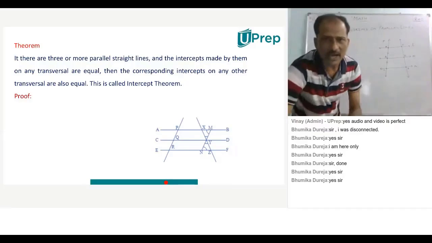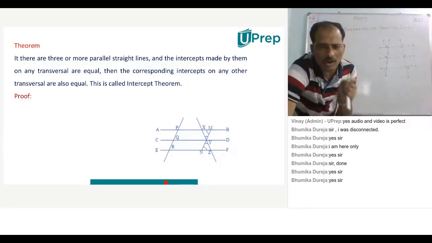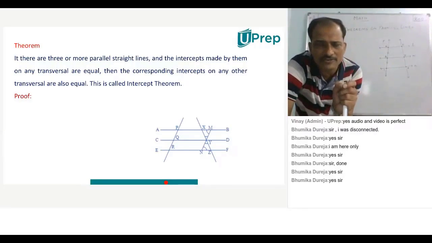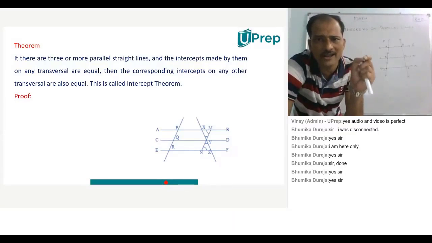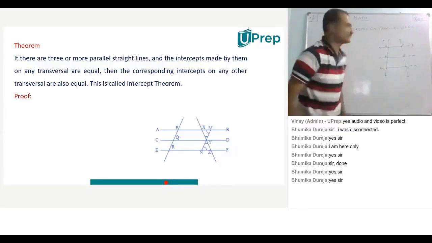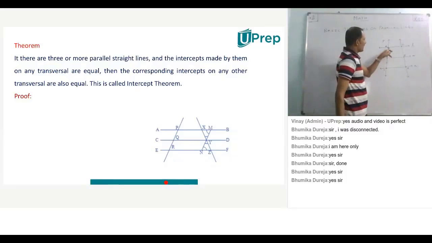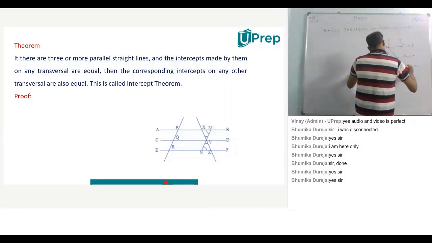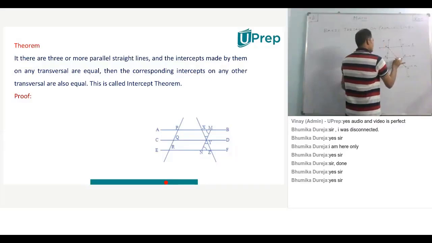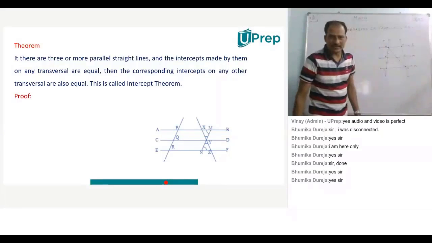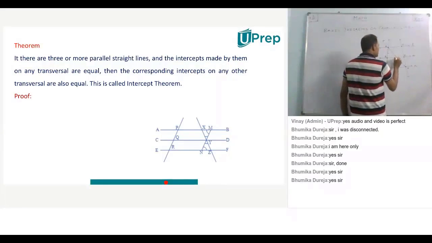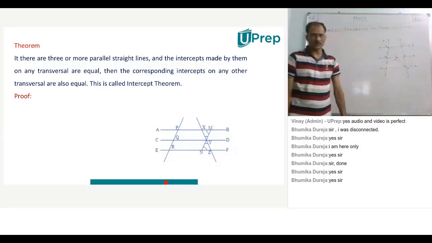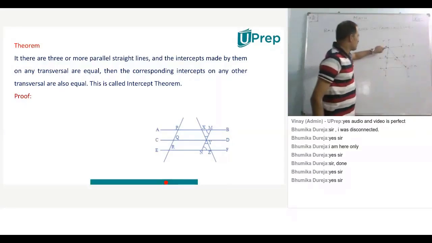To prove this, I would like to use the concept of midpoint theorem which we have learnt in the quadrilaterals chapter. Let's see that. What I will do is, I will join A to F. And this AF will intersect the line M at a point G. Now listen.